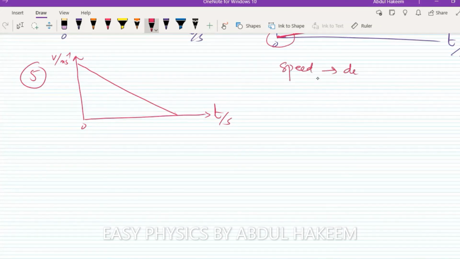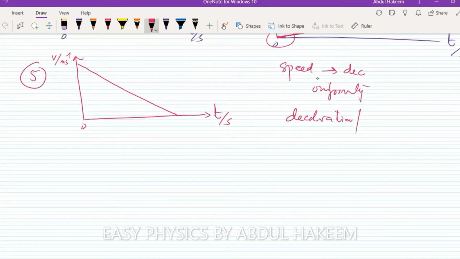Speed decreases uniformly, meaning deceleration, retardation is constant. And the final speed becomes 0.